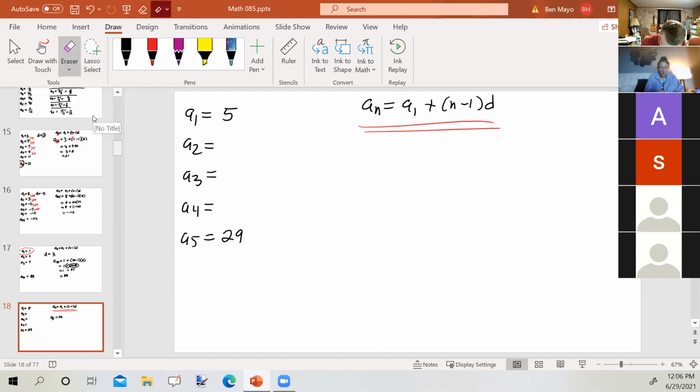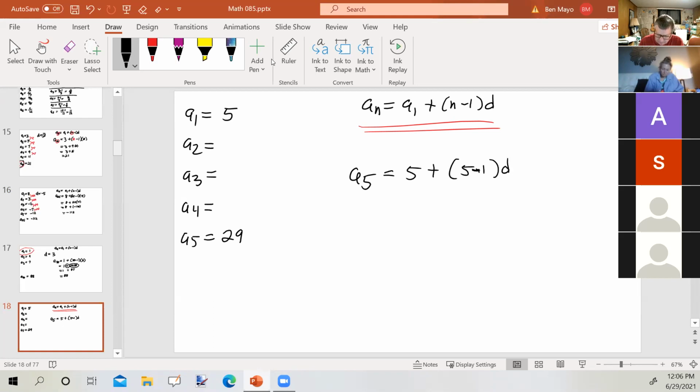Let's use the formula, okay? We could say a sub 5 equals a sub 1, which is 5, plus 5 minus 1 times d. Now I know that a sub 5 equals 29, but doesn't it also equal 5 plus 5 minus 1 times d?